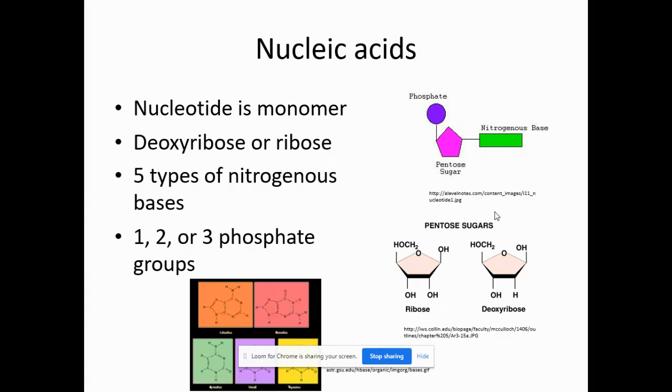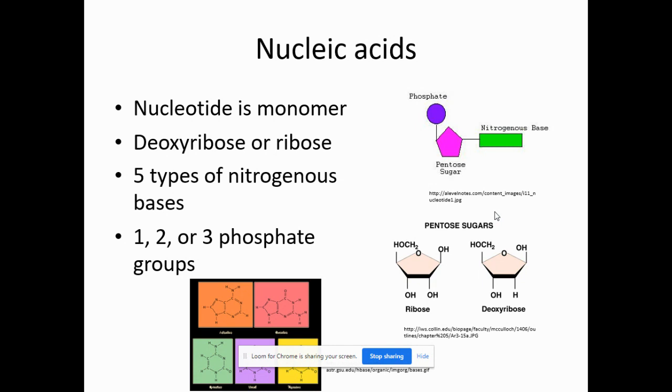Okay, that takes us to the last major group of organic macromolecules, nucleic acids. So we talked about carbohydrates, we talked about proteins, we talked about lipids, and now we're finishing on nucleic acids. So what are the monomers of nucleic acids?